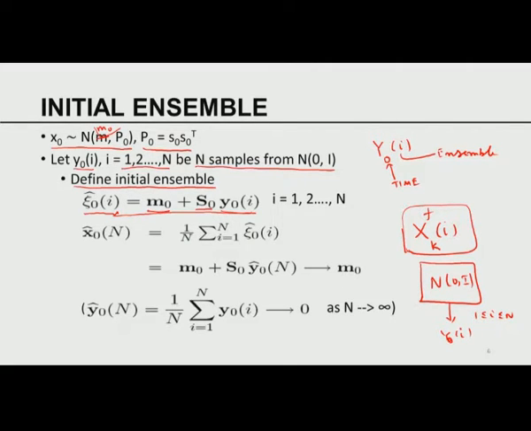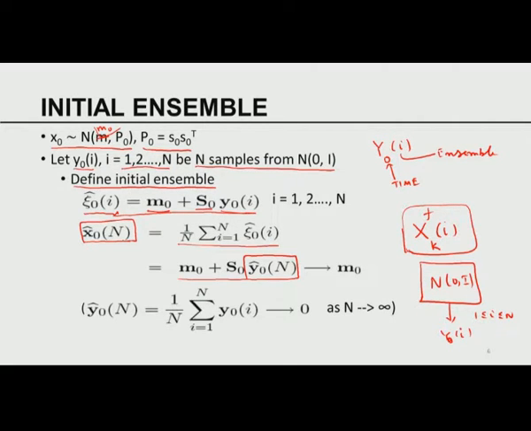So once I have created a sample, what is the initial mean? Initial analysis mean is x naught hat of N, which is the sample mean of the initial ensemble. This one is equal to m naught plus s naught y naught bar of N. So if y naught bar of N is the sample mean of the y ensemble, x hat of N at time 0 will be the sample mean of the initial ensemble.